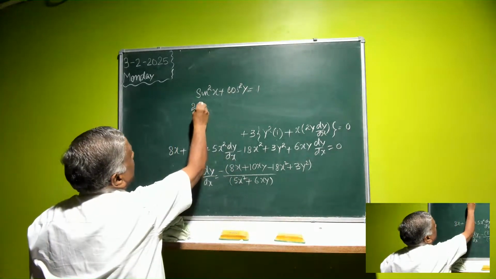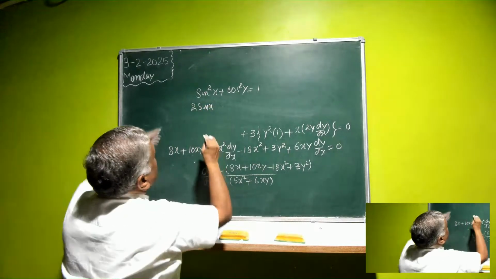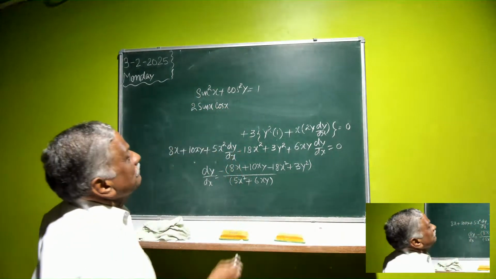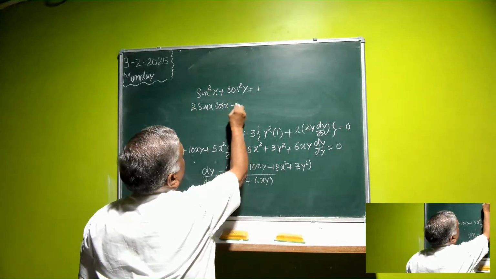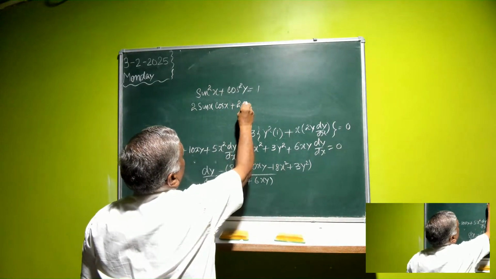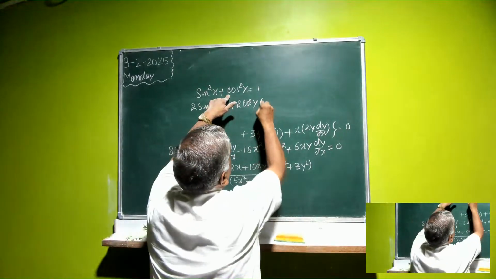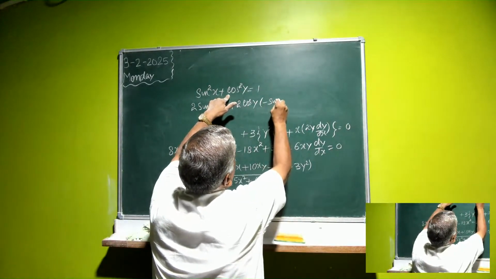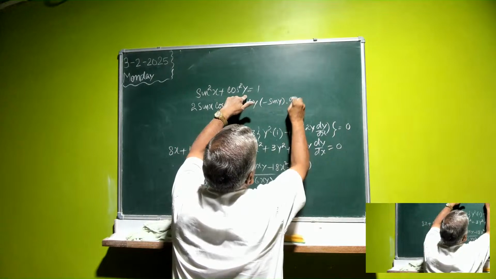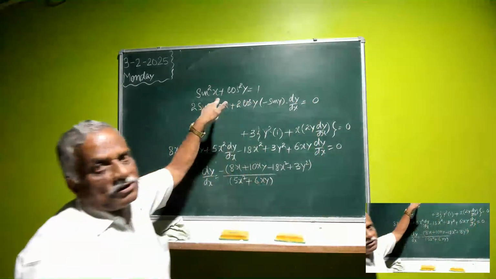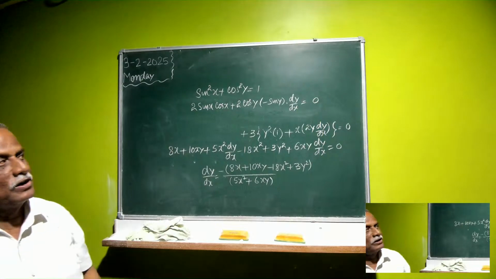So this is 2 sin x. Then you should differentiate sin x, that is cos x. Here also you should differentiate power. So plus 2 cos y. Then you should differentiate cos, it is minus sin y. You should differentiate y, dy by dx. Here we should differentiate x also, but it is 1. I have not written it.